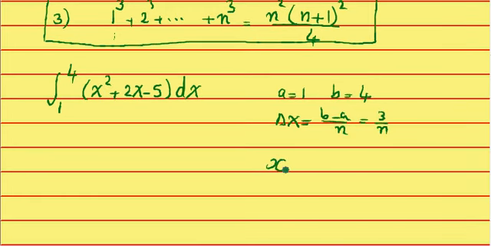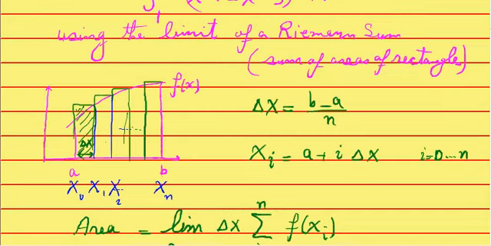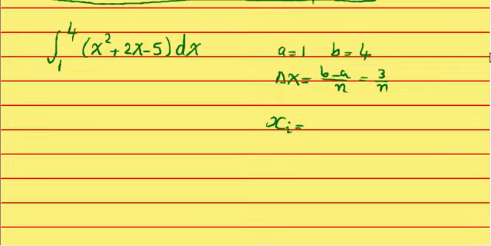What is my point number i? Remember, we were dividing our x's from x0 to xn. Each of them had its own coordinate. So we start from the very left point, which is 1, and take i steps of this size. So that's going to be 1 plus 3 over n times i. What is i? I could be any number from 0 all the way to n itself.